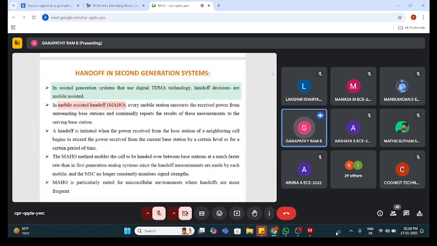as digital TDMA technology was introduced, this kind of received signal strength measurement was given to the mobile equipment. That is why the technique is called mobile assisted handoff, so that the base station need not have much RSSI measurement equipment.